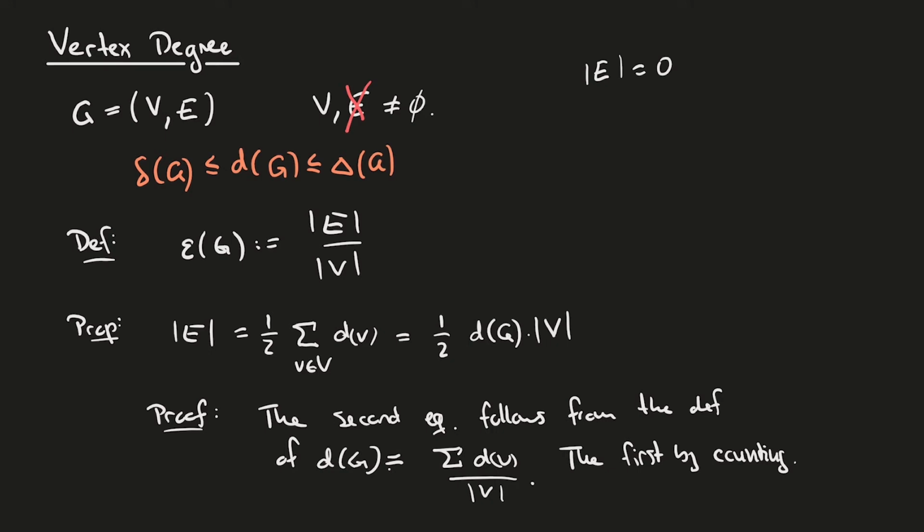And in this case, it follows that the degree of each vertex is 0, which means that this sum is also 0. And in that case, the equality holds.